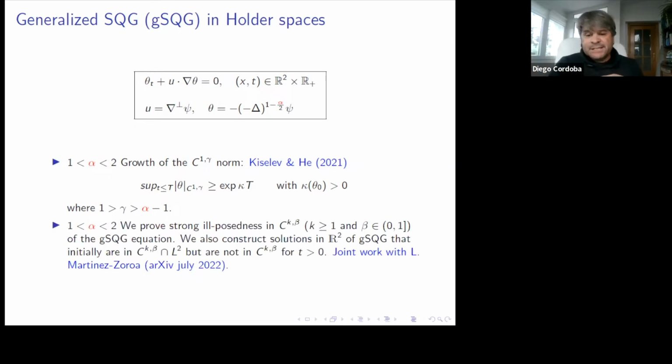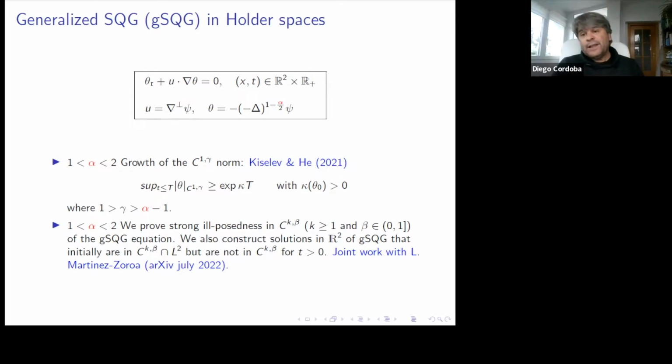And Luis and myself, in a paper we posted last July, show that there is strong ill-posedness for Hölder norms C^{k,beta}, where now we allow beta to reach the endpoint, so it goes from 0 to 1, including 1. And these solutions, strong ill-posedness, these are C infinity, and the Hölder norm can grow as fast as you want in a time as short as you want.